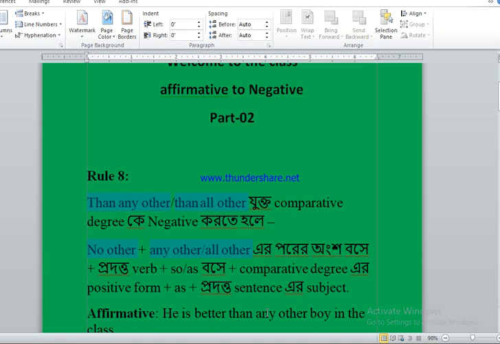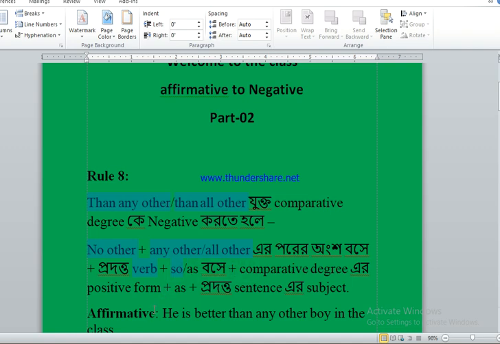Then the rest of the sentence, then you will use the verb, then you will use "so" or "as" plus the comparative degree.